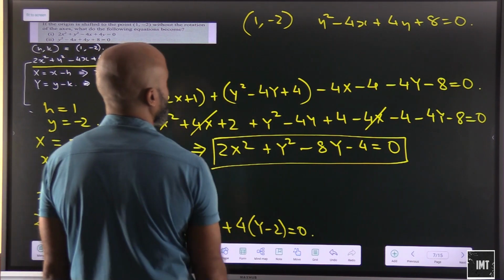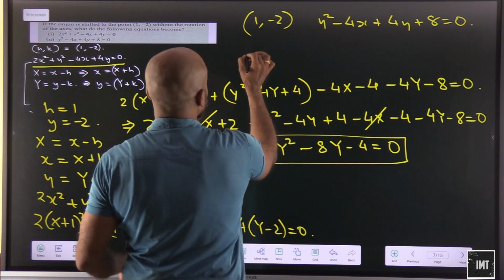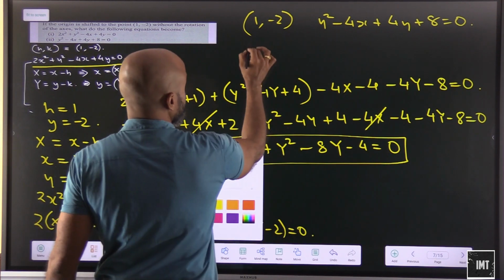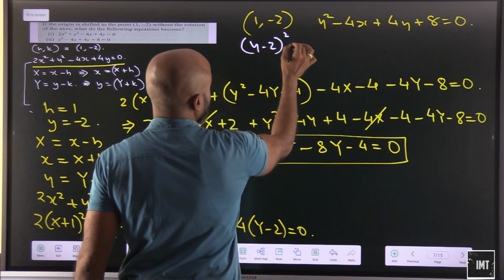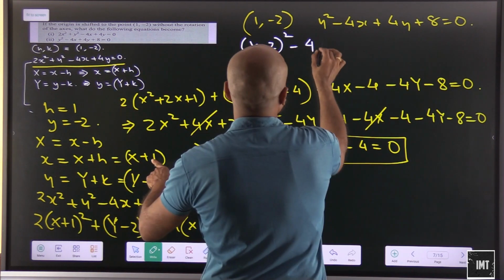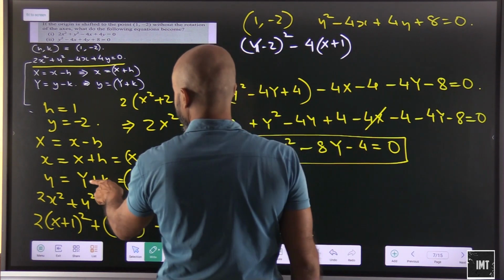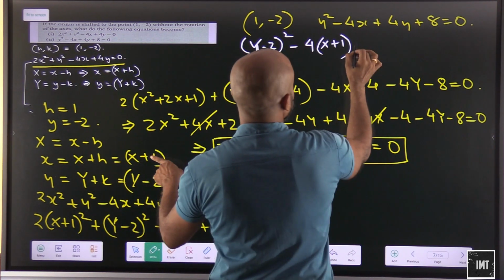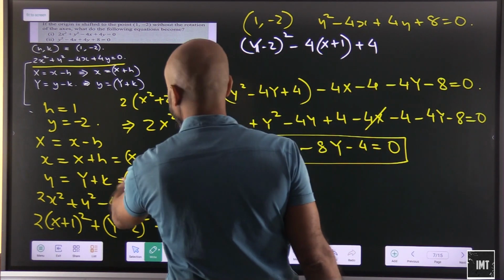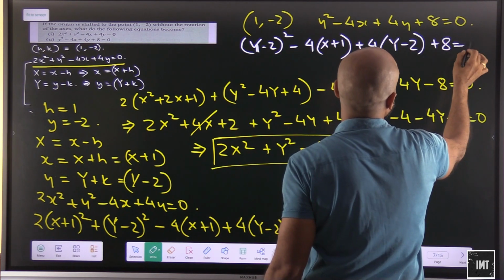Same thing we have to apply here as well. So in place of y, we are going to write Y minus 2. So this will be basically Y minus 2 square, minus 4 into x, in place of x we write X plus 1, plus 4 into y, that is Y minus 2, plus 8 is equal to 0.